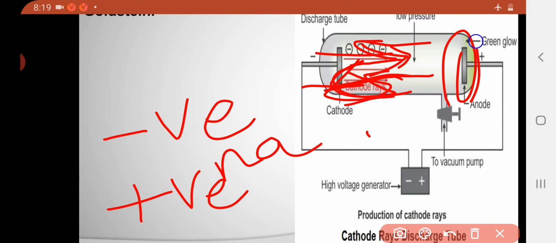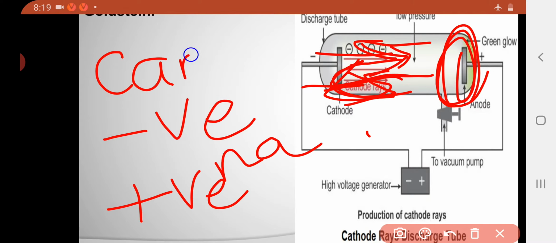But they are not generated from the anode, so we can't call them anode rays. So he gave them a special name: canal rays.